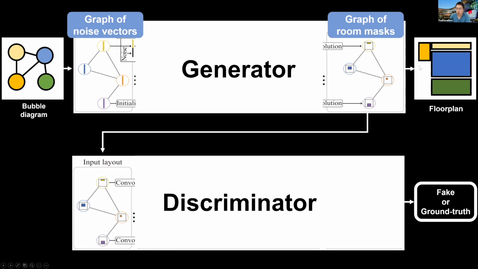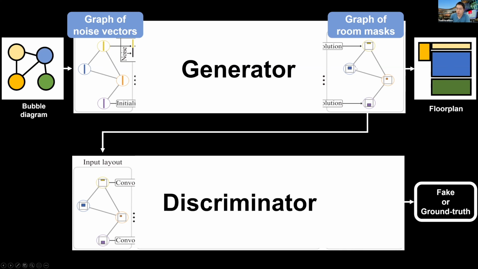And we generate a floor plan as an output of G, the generator. We represent the floor plan as a graph of binary segmentation masks, meaning this node corresponds to, say, a balcony. So this node is going to have a binary segmentation image, a single scalar channel, which contains where the room shape segmentation is.